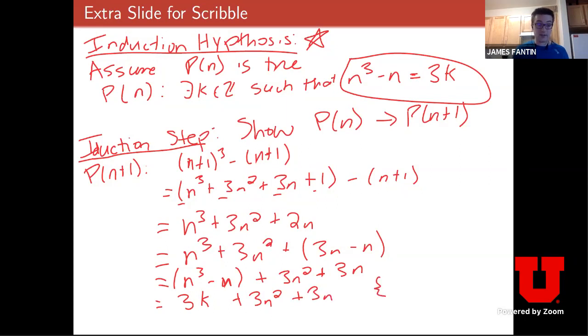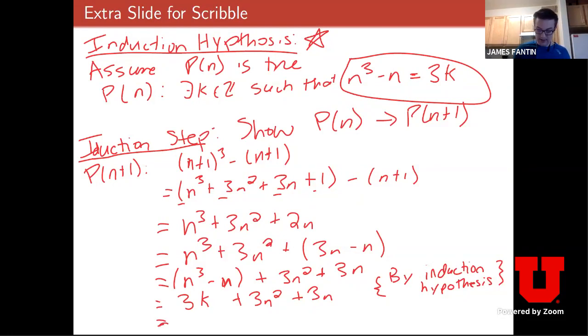And it's sometimes nice to point out that this line is by the induction hypothesis. It's how we get from the previous line to the next line. There's always going to be some point in our induction step where we use this fact. So always be on the lookout for when we can use that induction hypothesis.